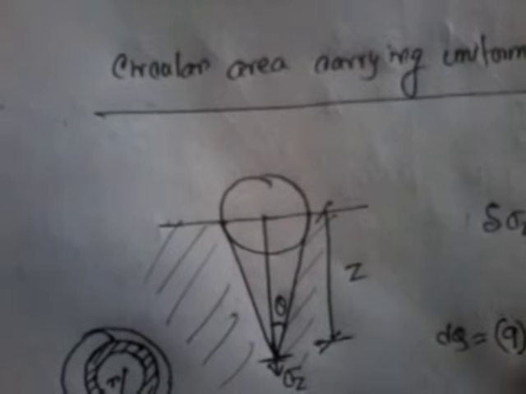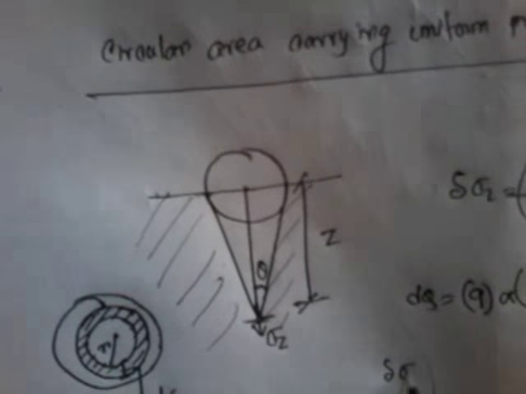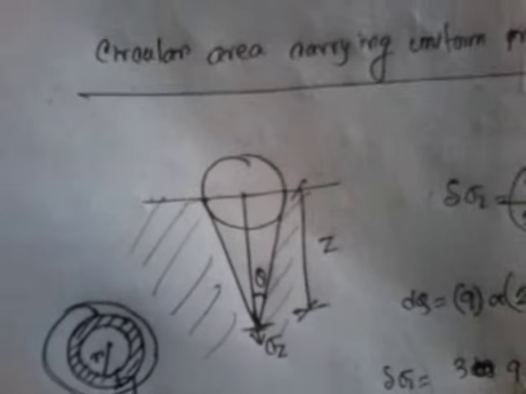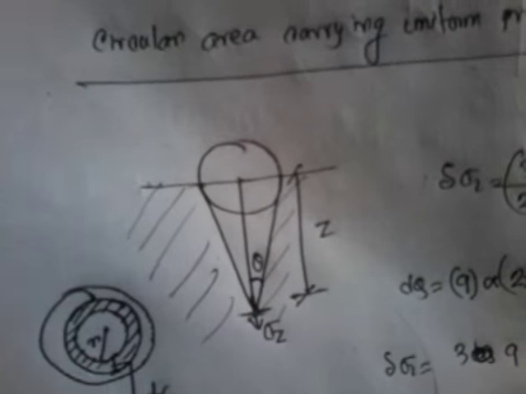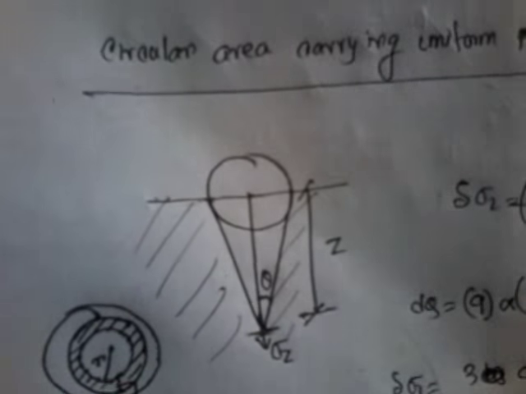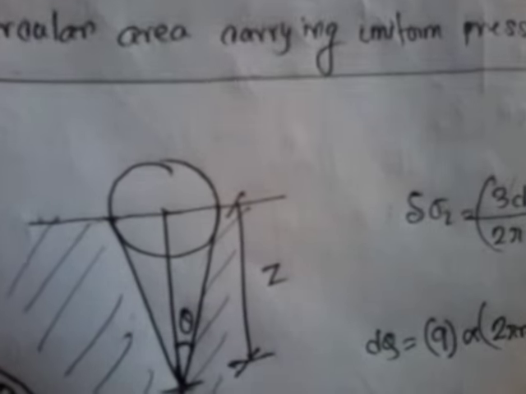Now we put the value into this equation, d sigma z equal to 3 dq, sorry, q into 2 pi r into dr by 2 pi z cube by z square plus r square to the power 5 by 2.